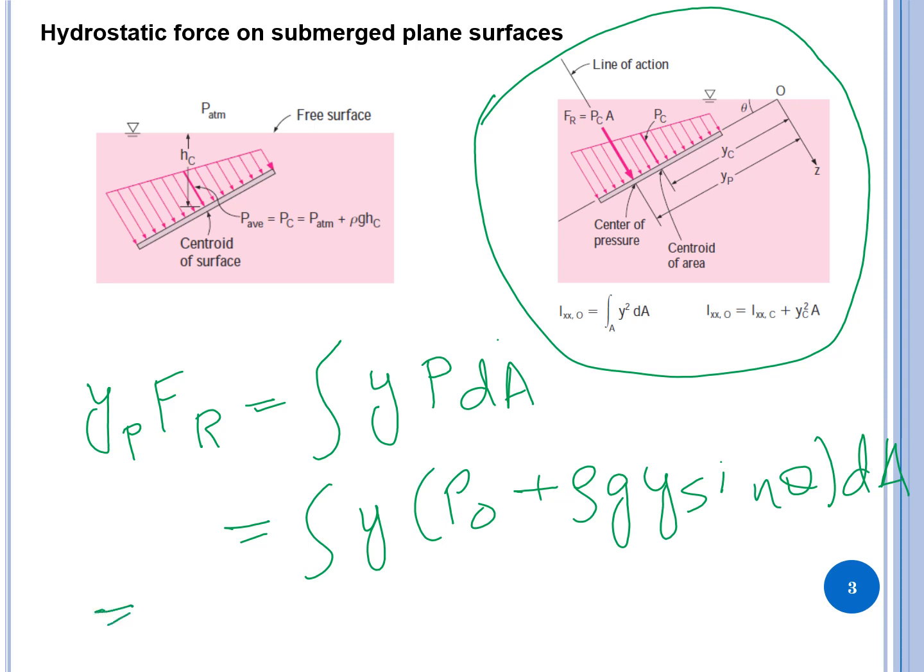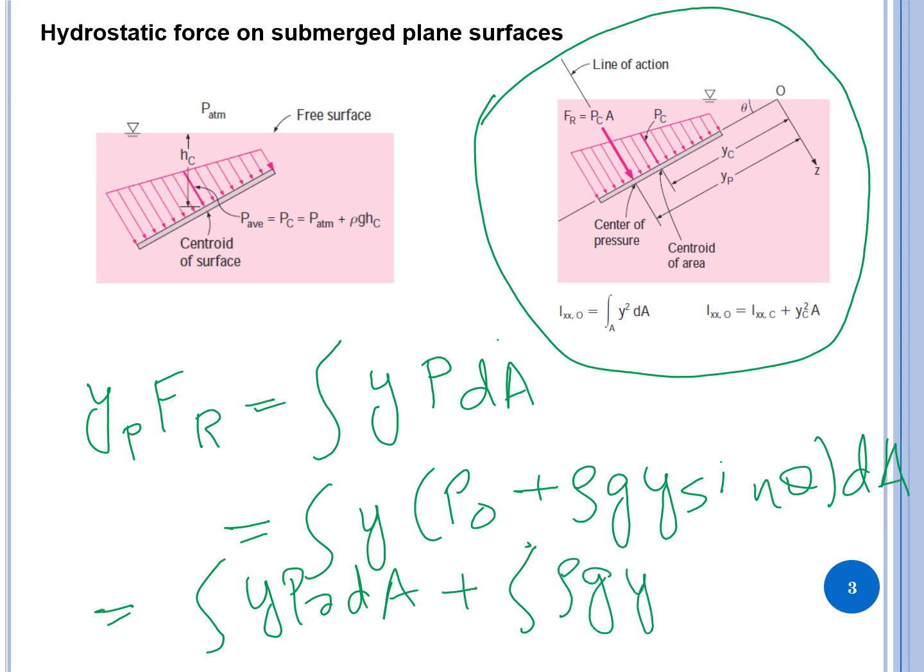So we can say it is going to be the integral of y P naught dA plus the integral of rho g y squared sine theta times dA.